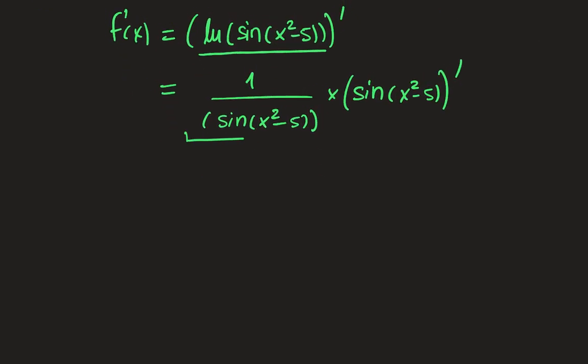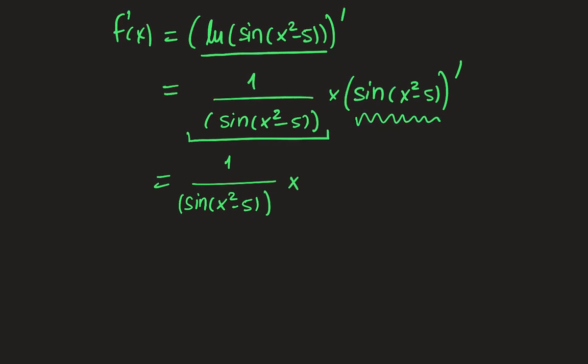Now the first part already needs no further differentiation, so it's going to stay as 1 over sine of x squared minus 5. But then I'm going to have to find the derivative of that little part here.